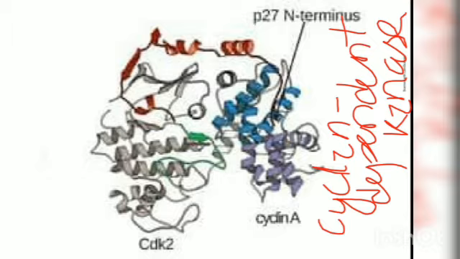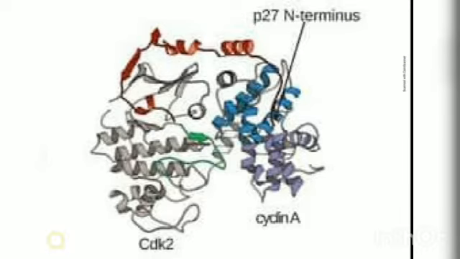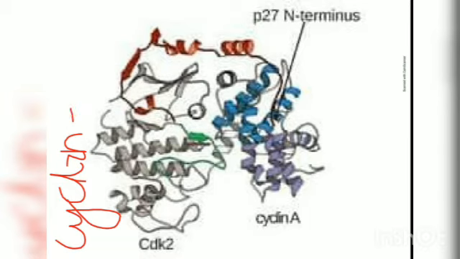So cyclin is one subunit and the kinase enzyme is another subunit. They both form the cyclin CDK complex.